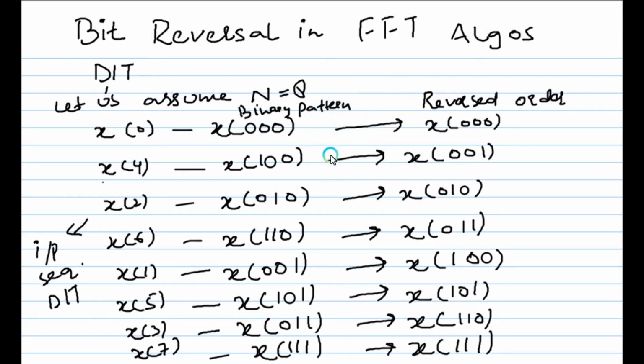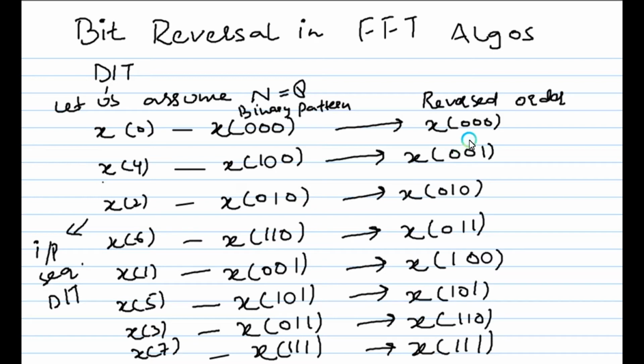What I have done is, this binary was first written from left to right, so I reversed it. So basically I'm writing it from right to left. For example, here it is x of 1 1 0, so if I go from right to left, it will be 0 1 1.